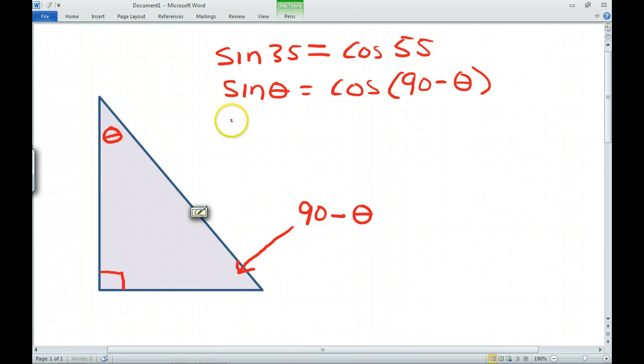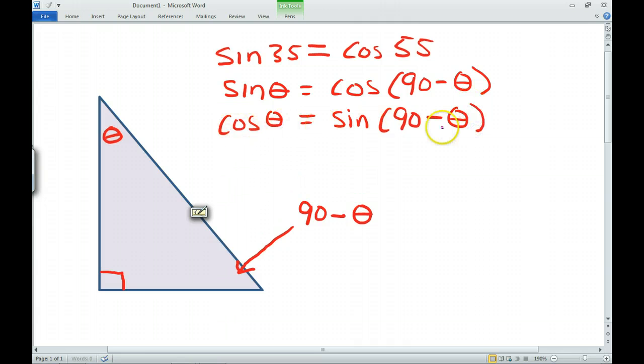Or we could have just as easily said the cosine of theta will equal the sine of 90 minus theta. Okay, so this is a principle that I've encouraged you to memorize. The sine of one angle will equal the cosine of a complementary angle. And we could write that as theta and 90 minus theta.